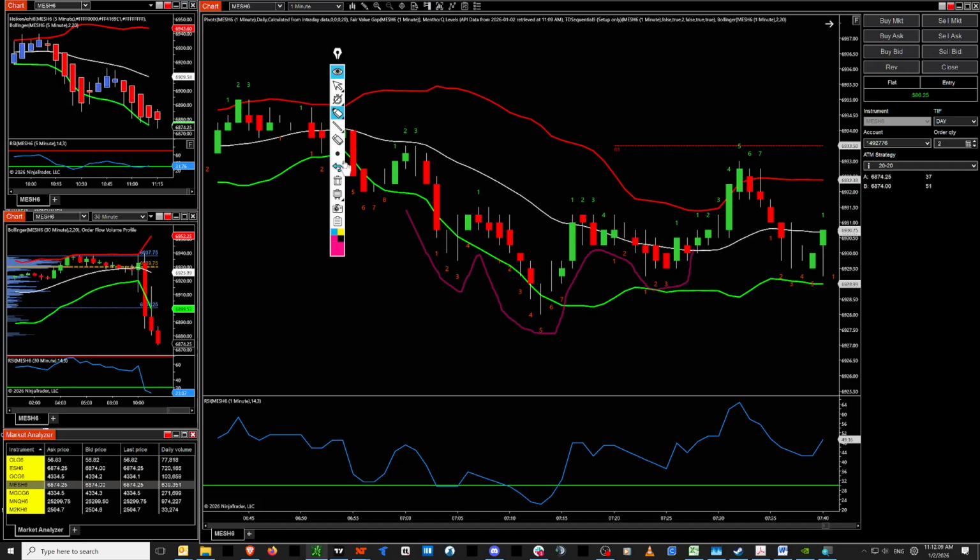Let's back some of that out and let's try this. So we start the left shoulder right here. After that left shoulder forms, we look at this high right here, and I'm going to come across and I'm going to look for a break of that line. And sometimes the right shoulder's the higher one.